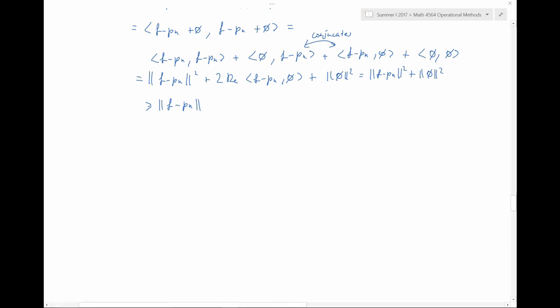Now, how do we prove the Pythagorean identity? We take the inequality that we just proved, that the norm of f minus p equals the norm of f minus Pn plus the norm of phi, which is p minus Pn.